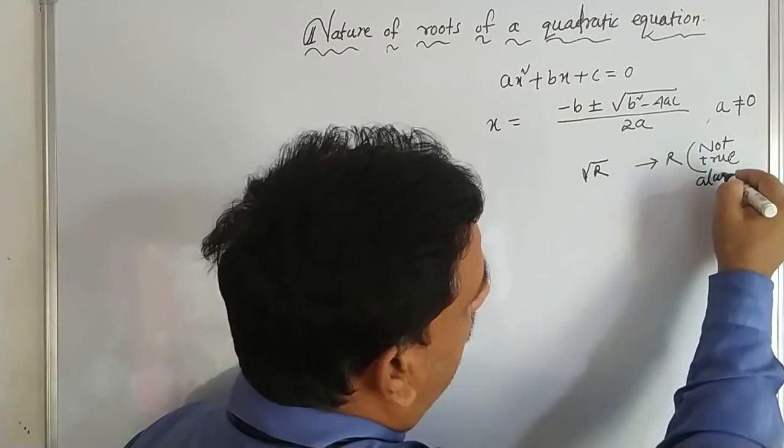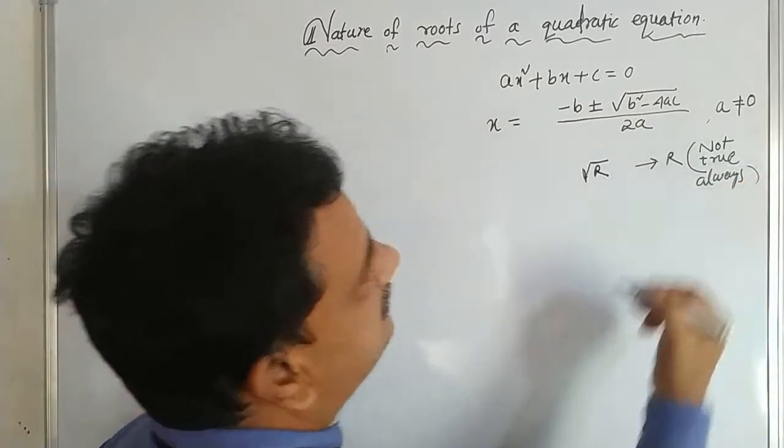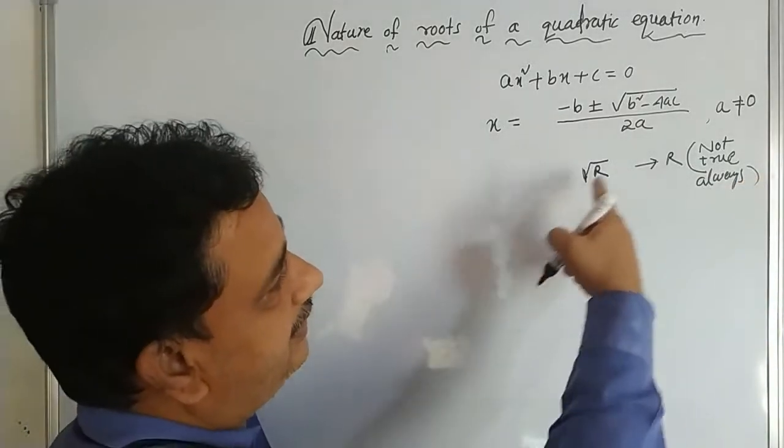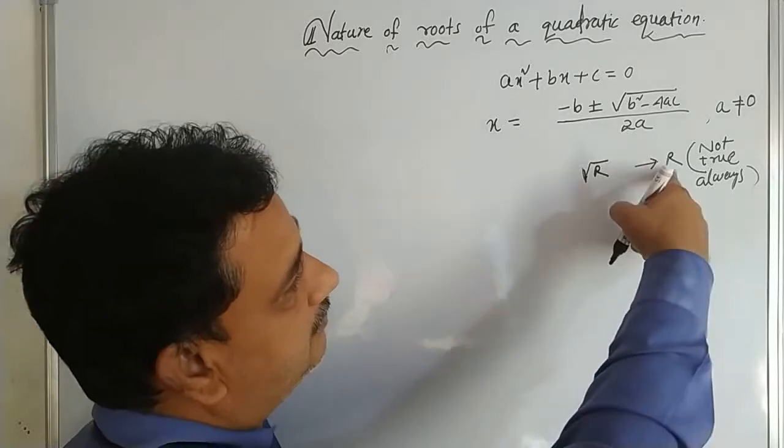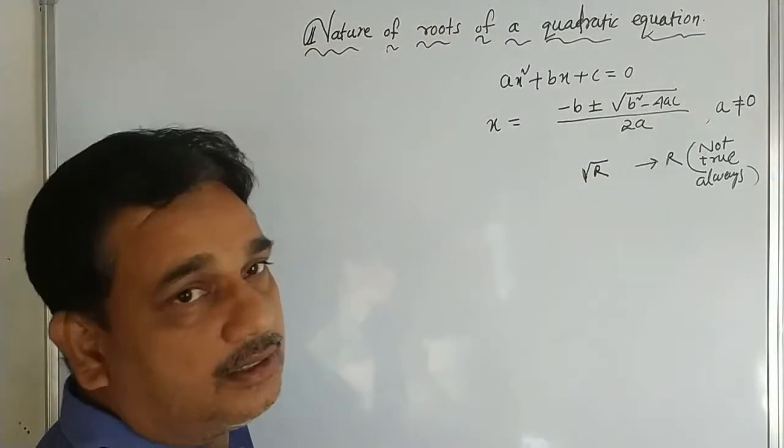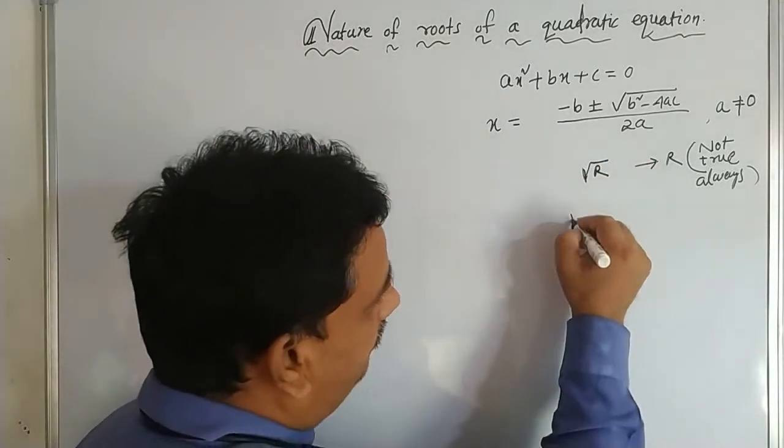Always you cannot get the square root of a number as a real number.